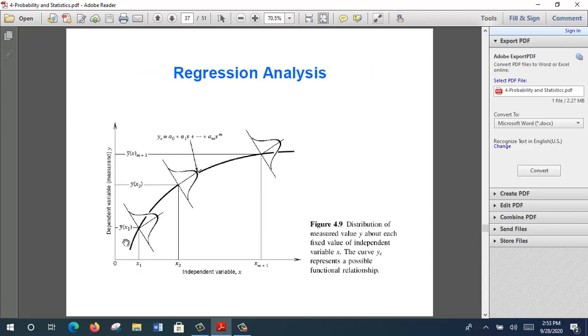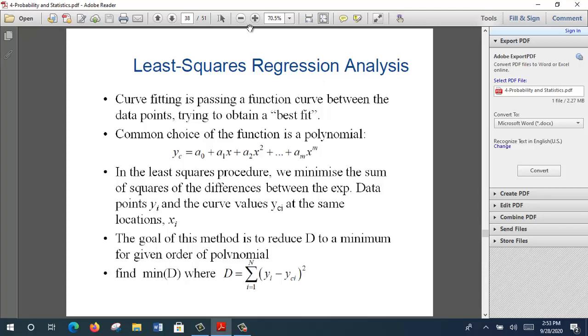From here you can see that for every point they calculate the different distribution in the y term, right? You get y at x1, x2, x3, and so on. So the points here are used to form the polynomial itself, and the procedure minimizes the sum of squares of the difference between the experimental data.